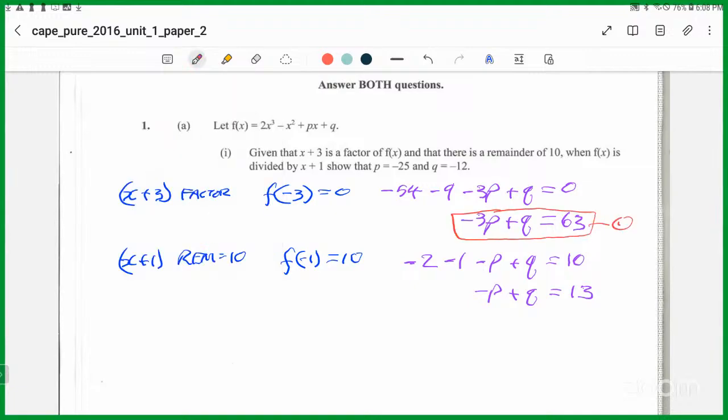Equation 1, equation 2. Because they have q as the same in both of them, we can subtract the two equations, equation 1 minus equation 2.